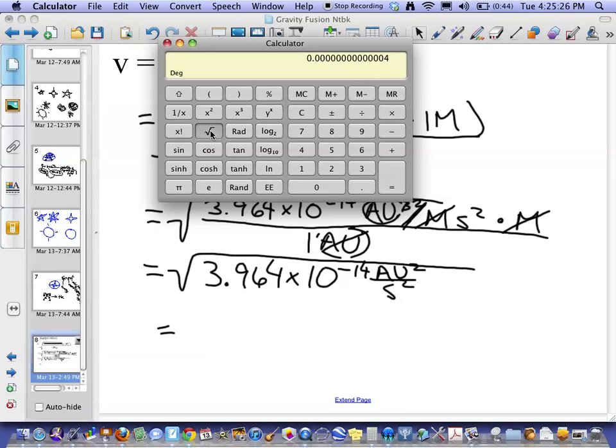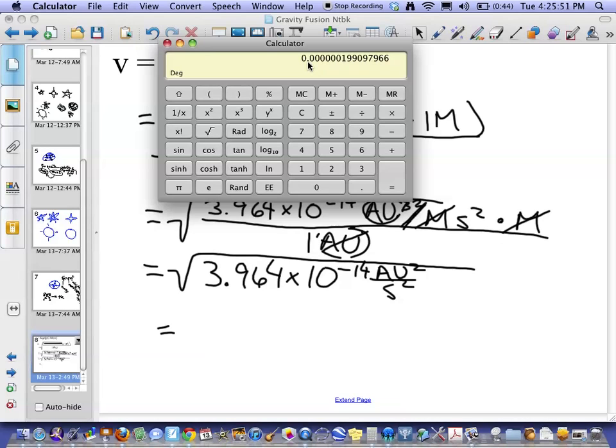I hit the square root sign, and it gives me this long number. If I count those spaces to the left of this 9, it's going to be 1, 2, 3, 4, 5, 6, 7, 8 places until I get to that period.